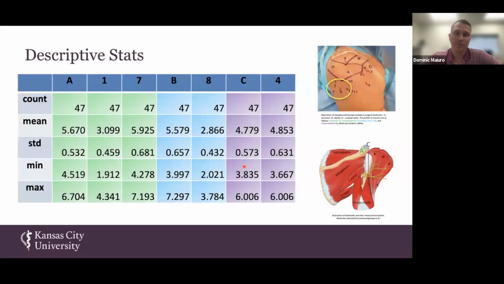So here are some descriptive stats of our measurements. If we look at A, you can see that this is the measurement from the bony landmark down to the nerve. That came in at 5.6, and then 1 came in at 3. And 1 refers to that posterior portal, the safest one, the one we were calling safe from the beginning.